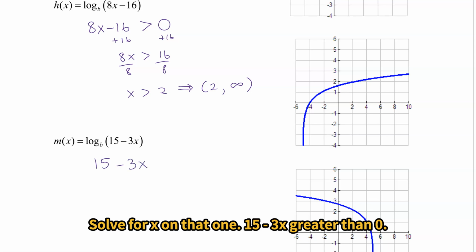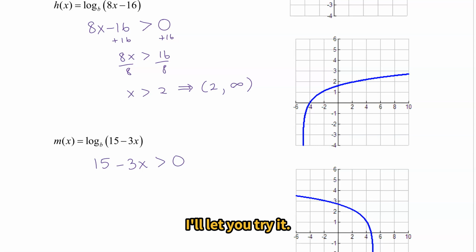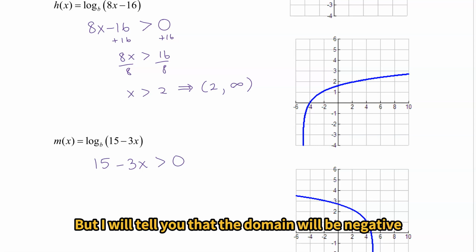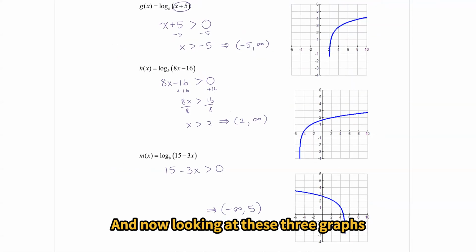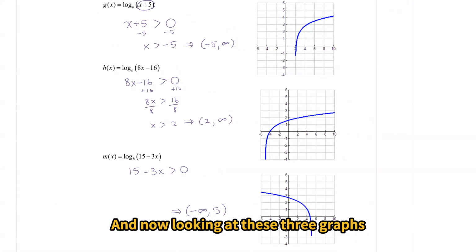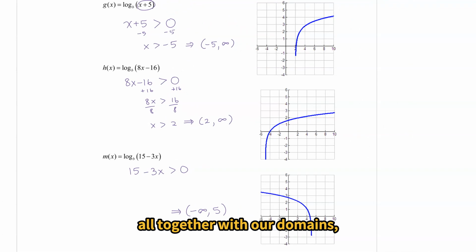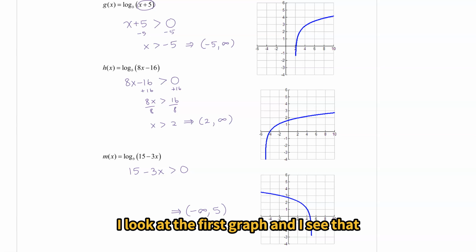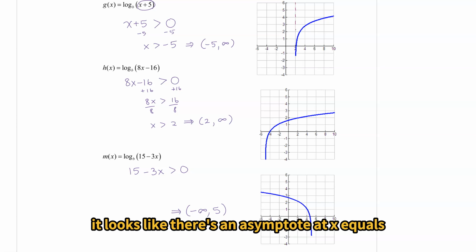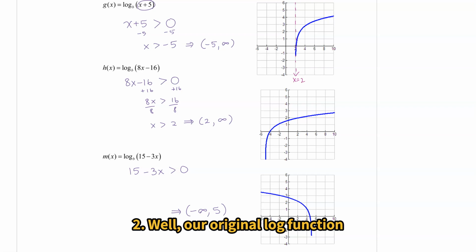15 minus 3x greater than 0. I'll let you try it, but I will tell you that the domain will be negative infinity to 5. And now, looking at these three graphs all together with our domains, let's try to match them up. I look at the first graph and I see that it looks like there's an asymptote at x equals 2.